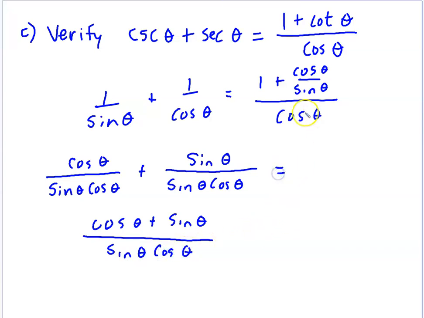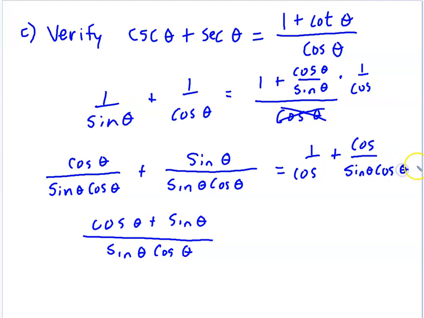All right, and then on the right, dividing by cosine is the same thing as multiplying by 1 over cosine. So we'll think about it like this. So just distribute 1 over cosine times 1 plus, and this would be cosine over sine theta cosine theta.